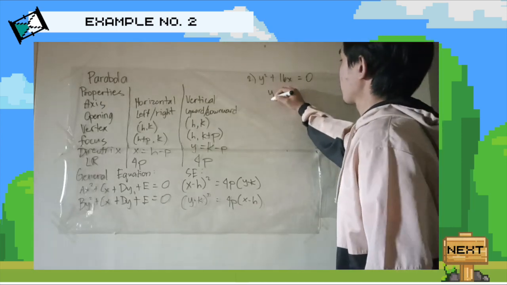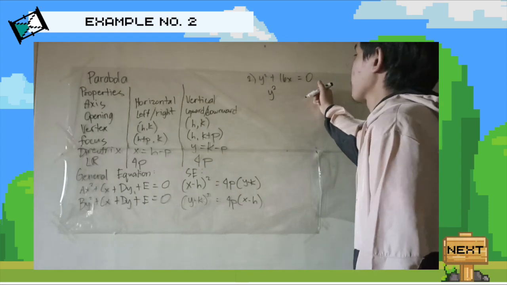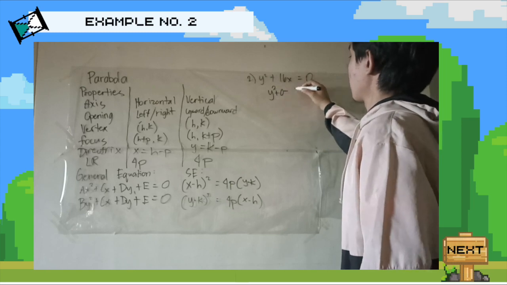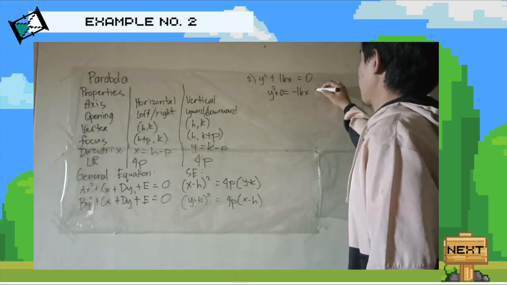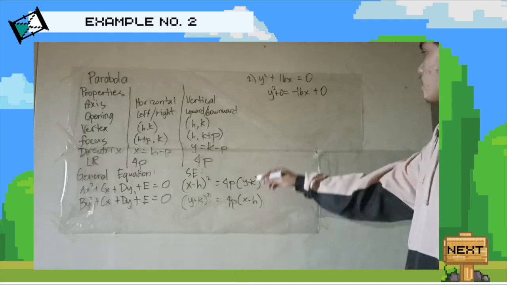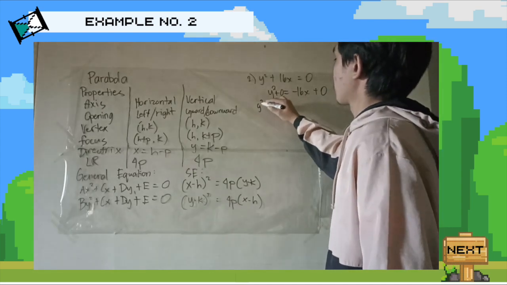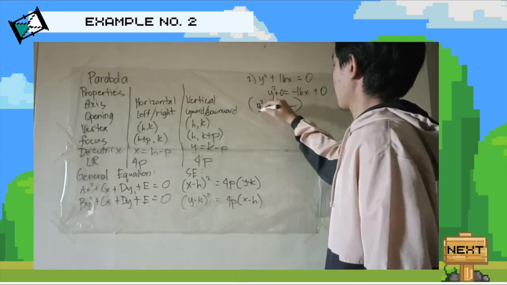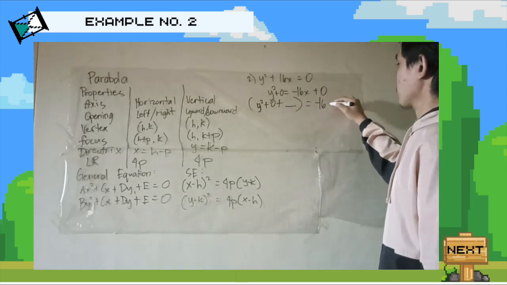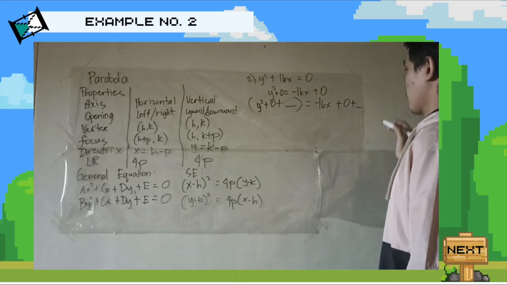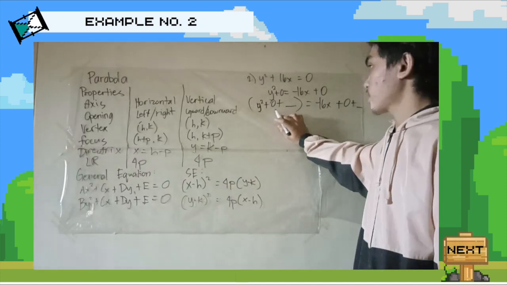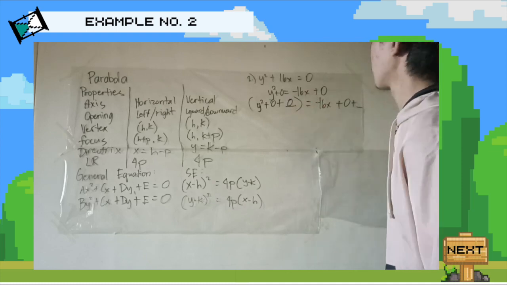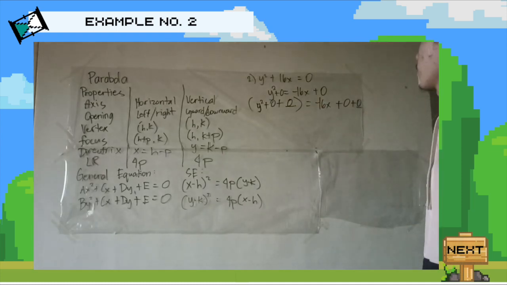Y squared, the first thing we need to do is separate them: y squared plus 0 equals negative 16x plus 0. Again, let us factor them out. Obviously, 0 divided by 2 is 0, and 0 squared is 0, so we put that 0 on the left hand side.